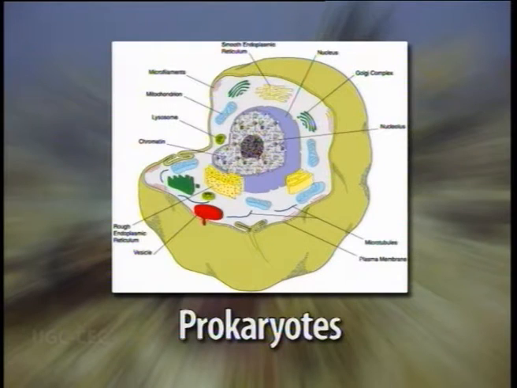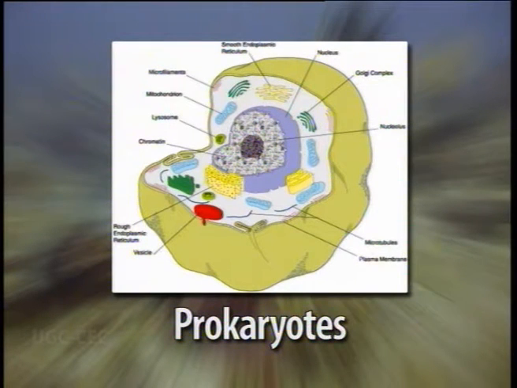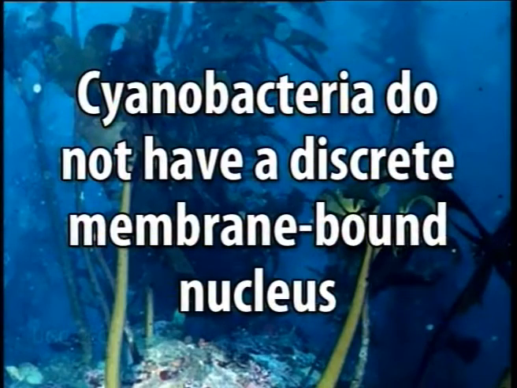So far as the cyanobacteria are concerned, in contrast to eukaryotic microalgae, cyanobacteria are prokaryotes, therefore they do not possess membrane-bound subcellular organelles. They do not have a discrete membrane-bound nucleus.